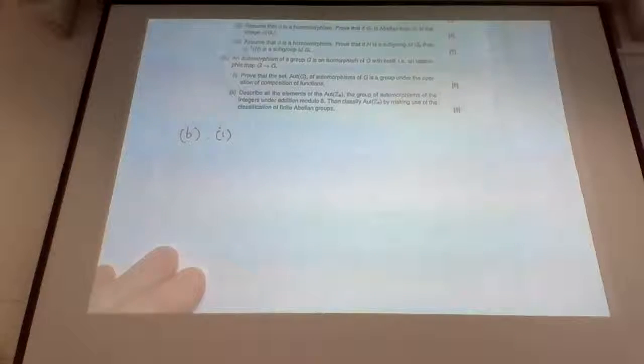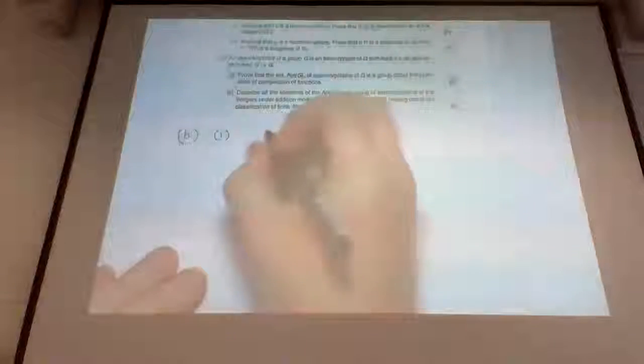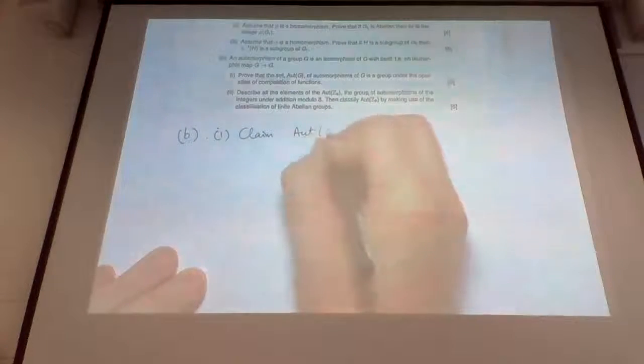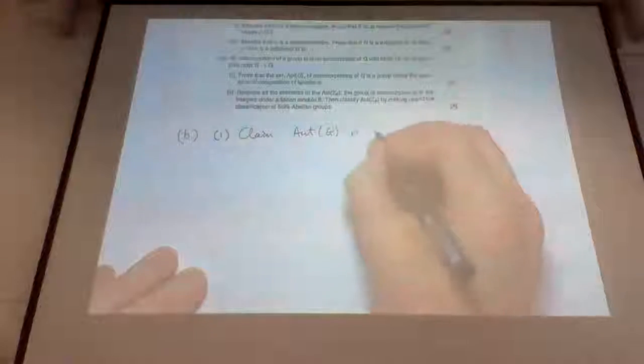So what do we have to do? Prove that the set is a group. Our claim here is Aut G, with the operation of composition, is a group.